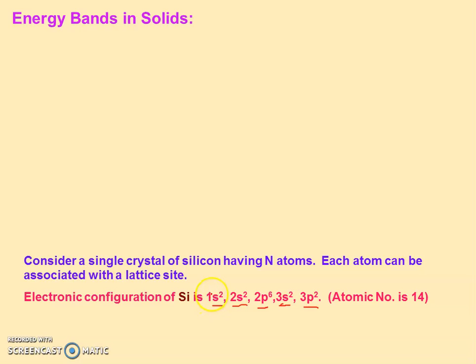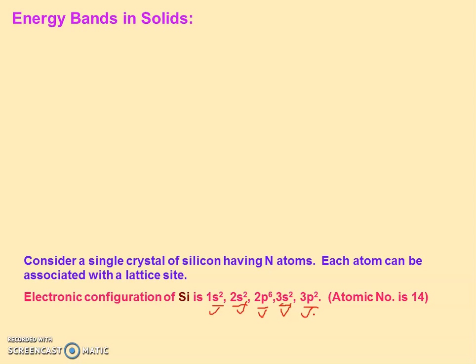You know that there are 2 energy levels for 1s, 2 energy levels for 2s, 6 energy levels for 2p, 2 energy levels for 3s and 6 energy levels for 3p. In these 6 energy levels, 2 have electrons, but 4 are vacant.